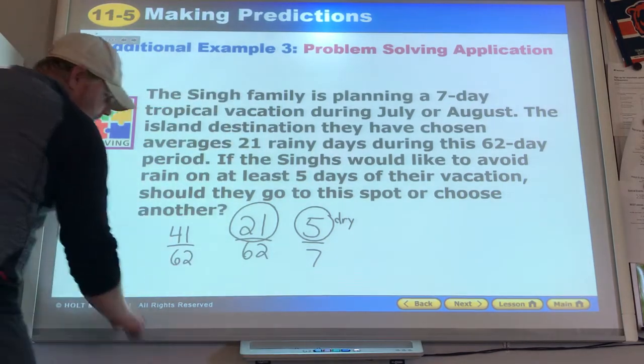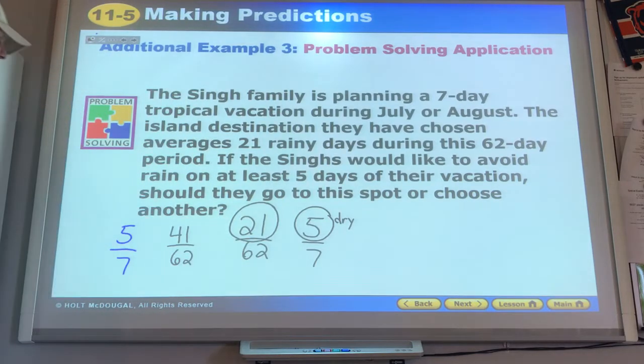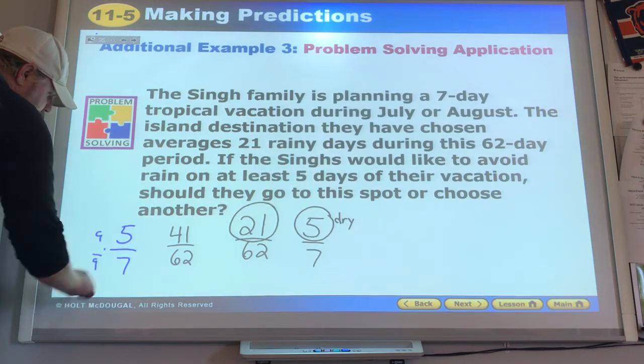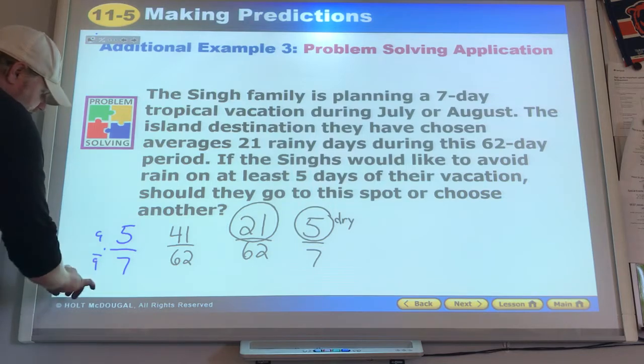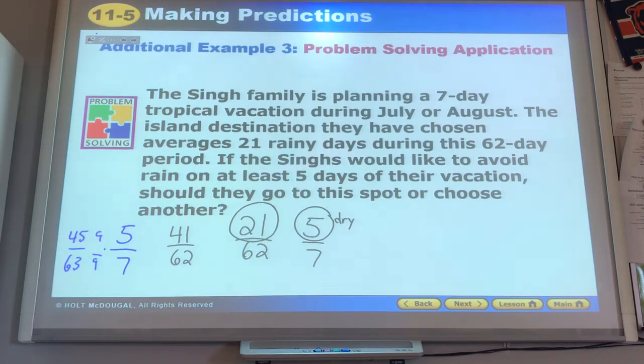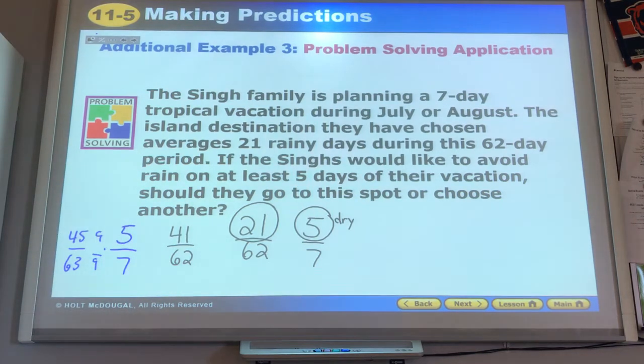Well, I could take, my apologies, 5/7 and I could think, okay, well, if I take this times 9 over 9, that'll get me to 63 and 45. We want 45 dry days. They're only able to give us 41 out of the 62. It would likely be that they'd need to choose another spot.